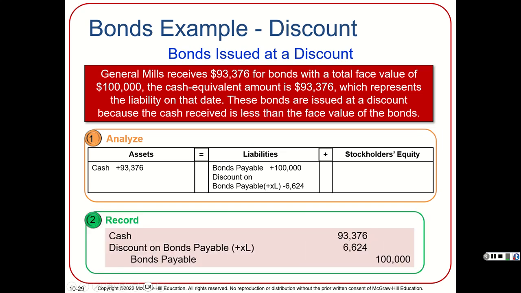Notice here though, your cash increases. The discount is a debit entry because it's decreasing the value of the bond payable. So keep that in mind. When it's a discount, you're decreasing the value of the 100,000 to the 93,376. So that's a debit entry.